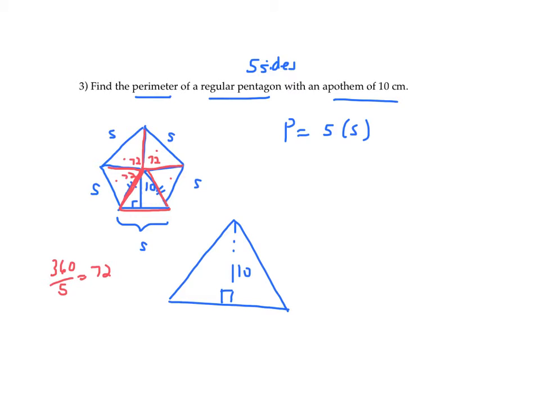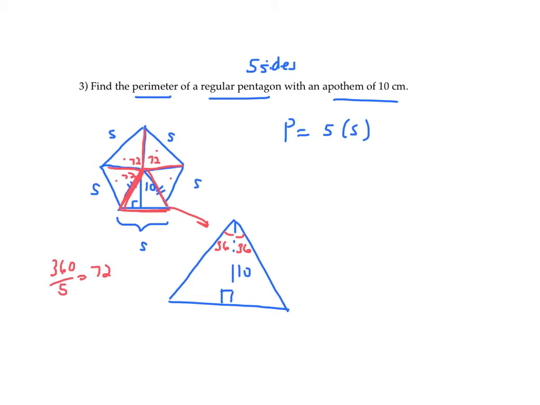Now, in this triangle, the one that I pulled out over here, if you drop in that apothem, it's going to bisect that angle, making these two equal to each other. So if the whole angle is 72, you divide that by 2, we get 36 and 36. Okay.